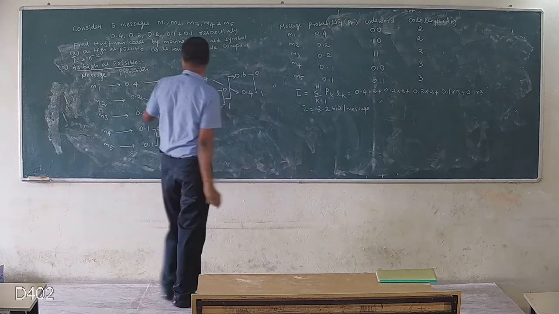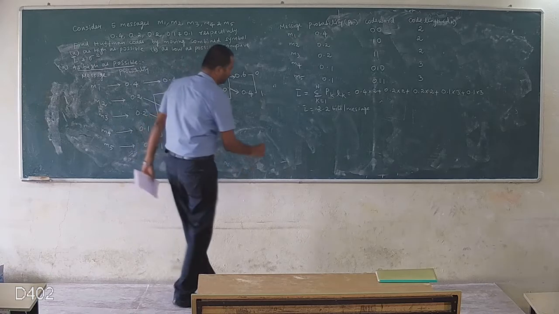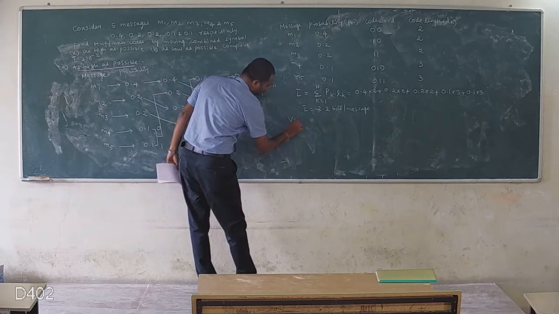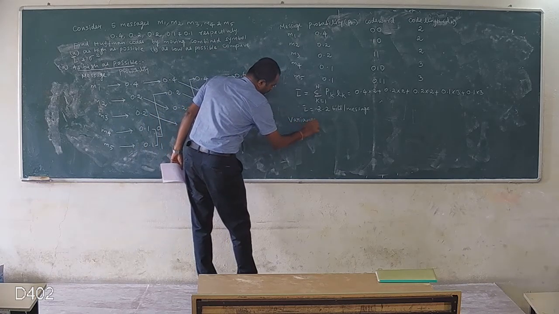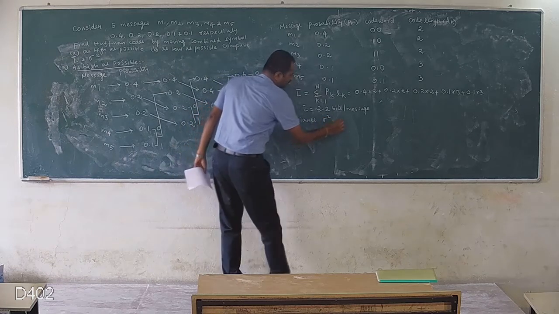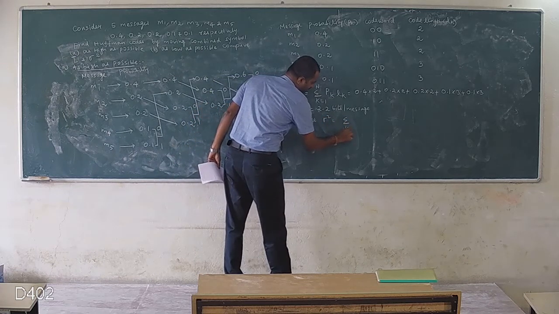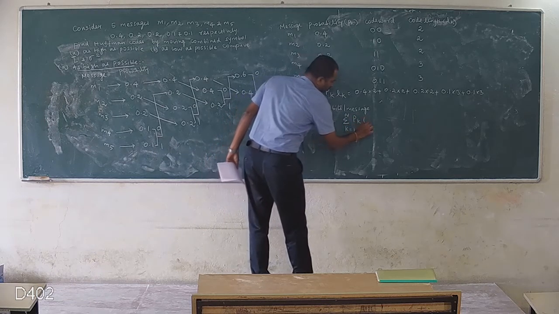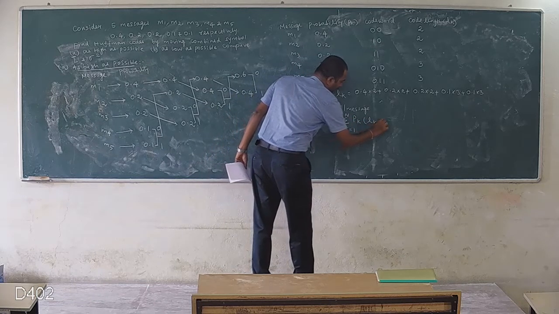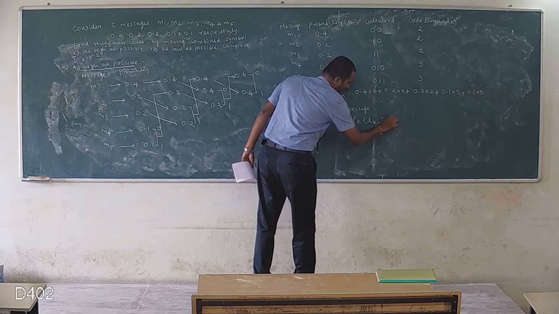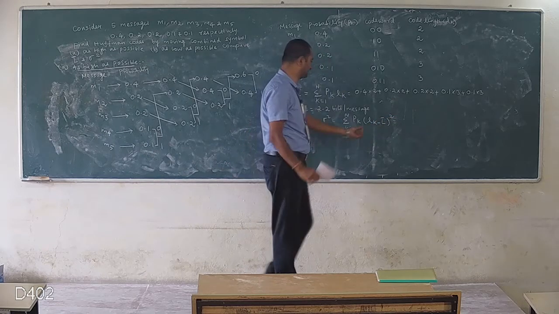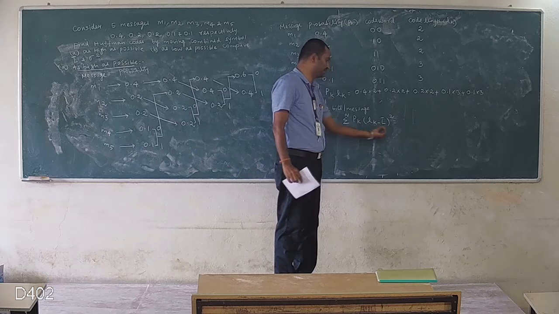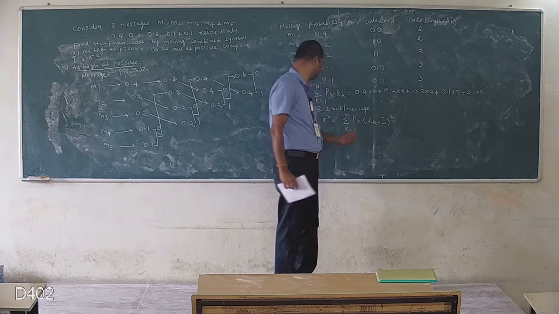Now we have to find the variance sigma square. The formula for finding variance sigma square is equal to summation k equals 1 to n of pk into (lk minus L bar) the whole square, where lk is the length of the code word and L bar is the average code word length.